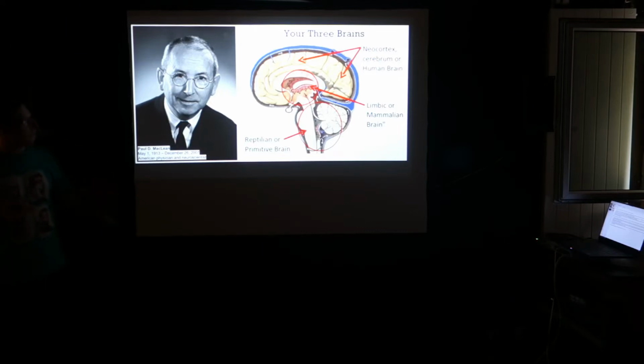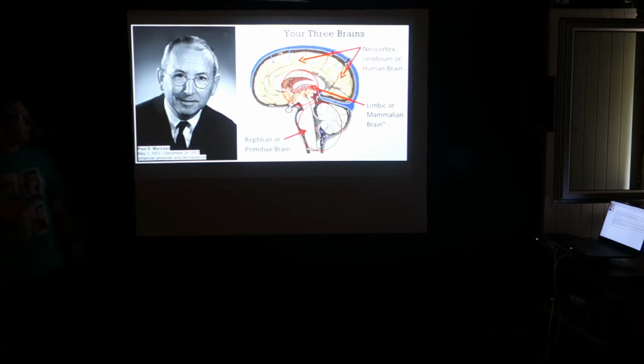Then we have this limbic or mammalian brain, which is more like for the feelings, and then we have this neocortex part, which is the thing that makes your brain so big compared to other species, which is relevant for all the abstract thinking.